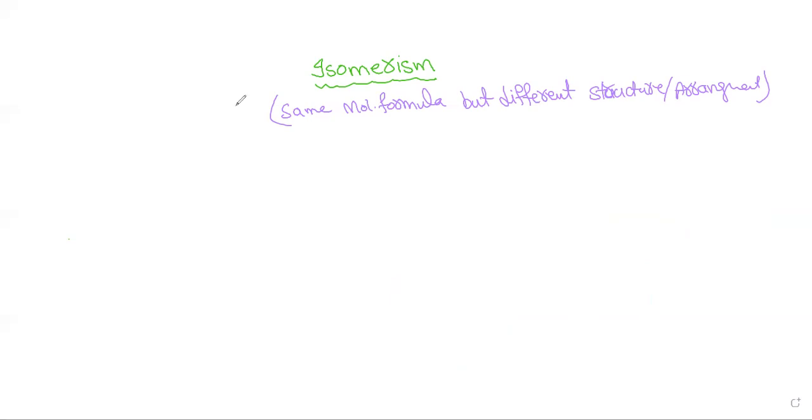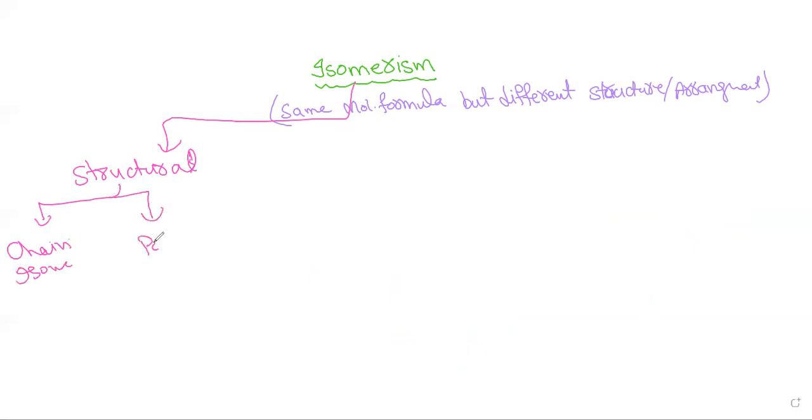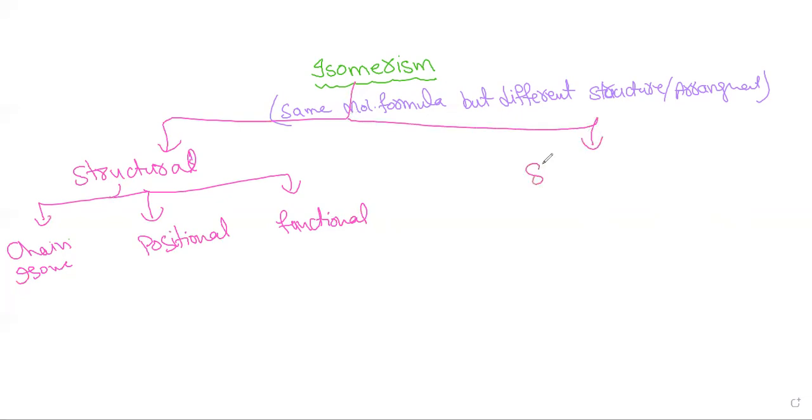In structural isomers we have three types, which we have mostly discussed: chain isomer, positional isomer, and functional isomer.